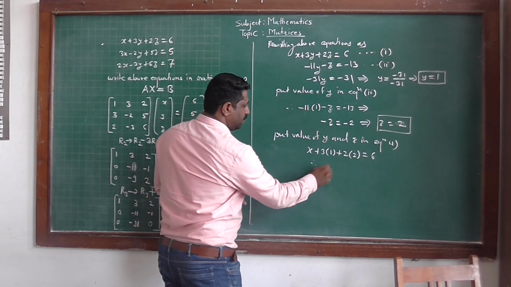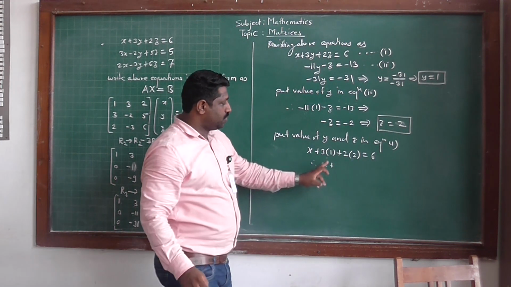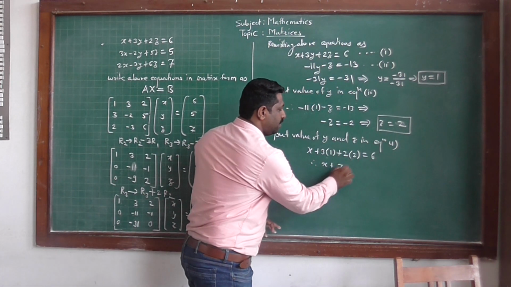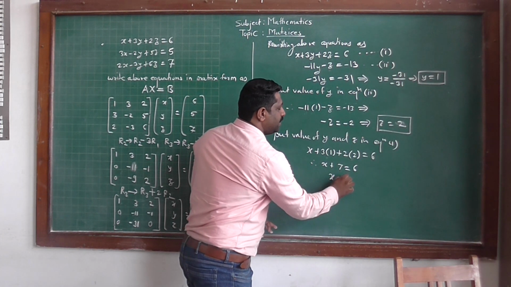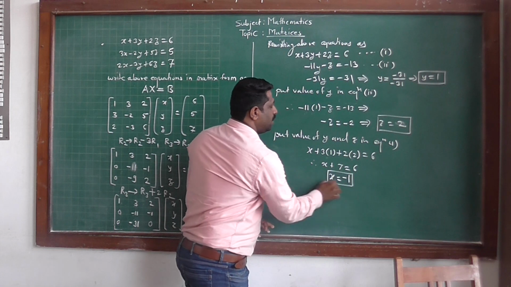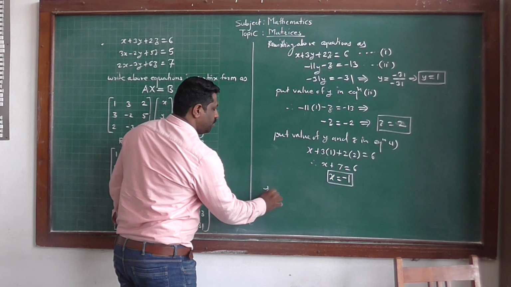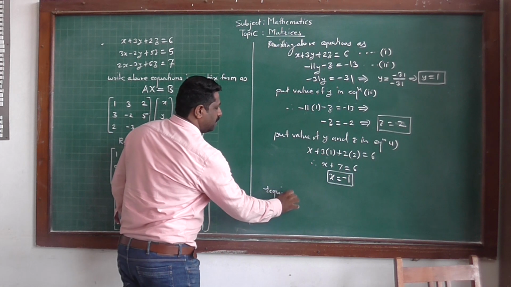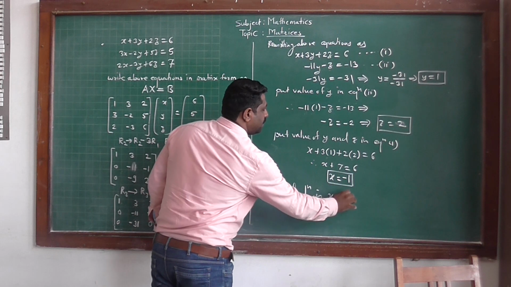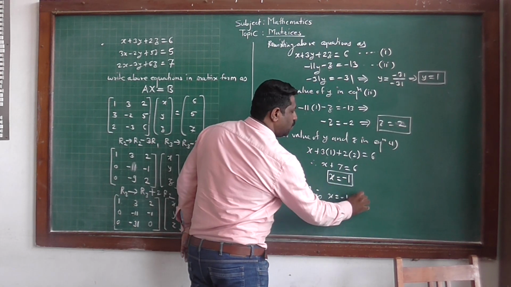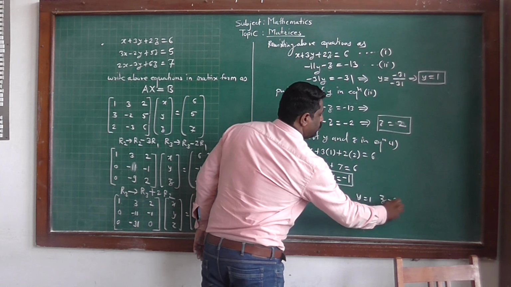So x plus 3, 2 into 2 is 4, so 3 plus 4 is 7, and x plus 7 is equal to 6. So x is equal to 6 minus 7, that is minus 1. So now we have got the solution. The required solution is x is equal to minus 1, y is equal to 1 and z is equal to 2.